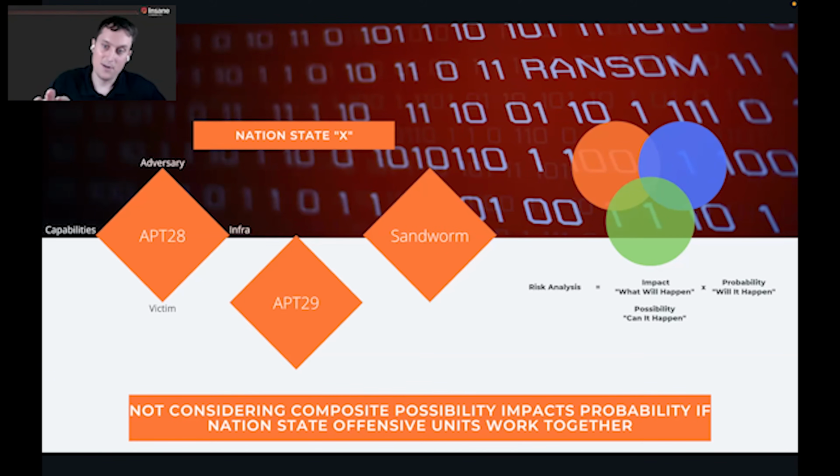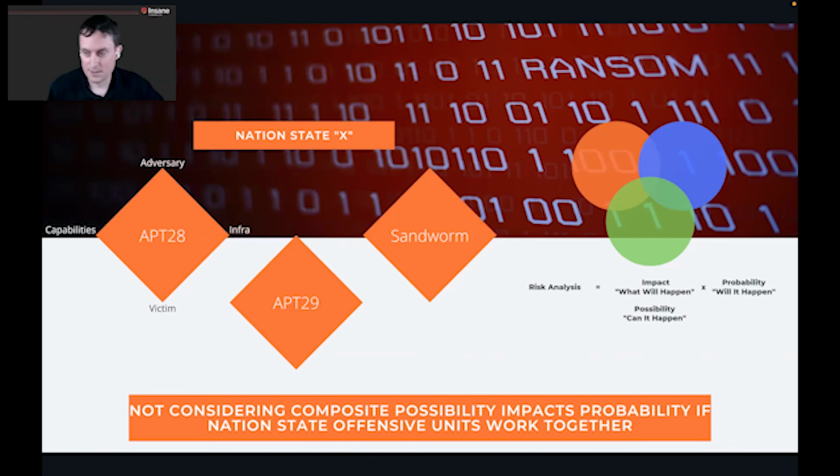And so there is no guarantee that these aren't the same groups, and while you might have never seen one of these groups in ICS, if they have the same adversary and the same victim, they very much are capable of coming to the area. Infrastructure is a weird one just because it can change so frequently. So, not considering the composite possibility of those really does change that probability when we look at the graph and equations we talked about at the right.